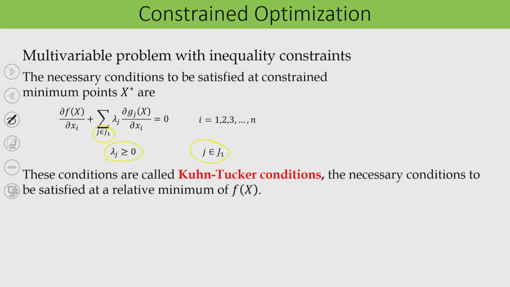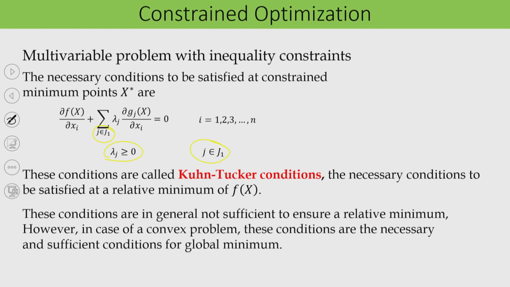So, these conditions are called the Kuhn-Tucker conditions, the necessary conditions to be satisfied at a relative minima of f x. These conditions are in general not sufficient to ensure a relative minima.